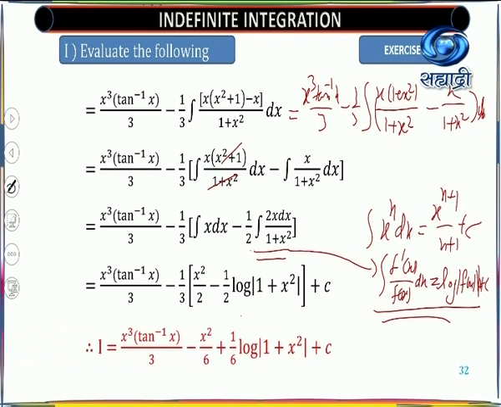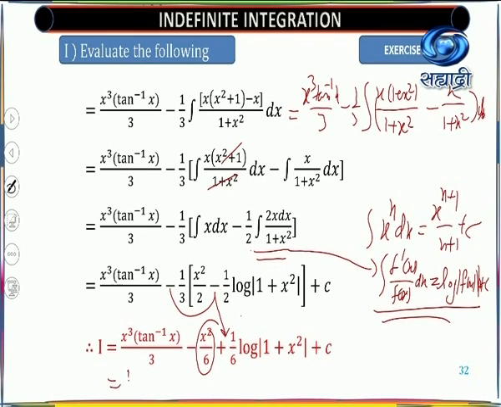You will get this as x cube tan inverse x upon 3. 3 times 2 is 6, so you will get x square upon 6. Minus minus is plus, so you are having plus here. Then 1 upon 3 into 1 upon 2, that is 1 upon 6 log 1 plus x square plus constant of integration. Okay, now here you are able to simplify this answer also.